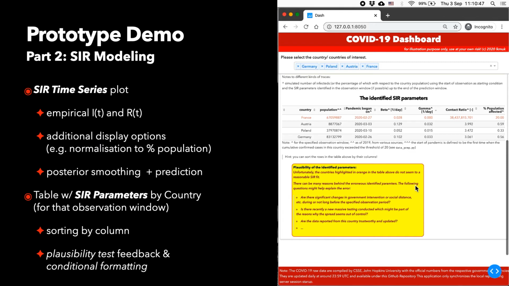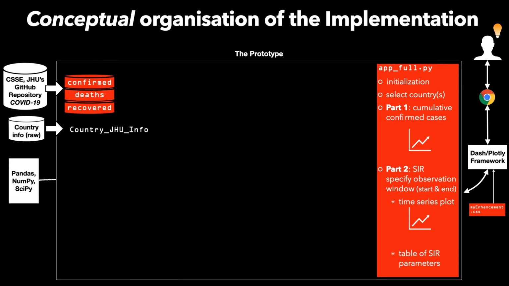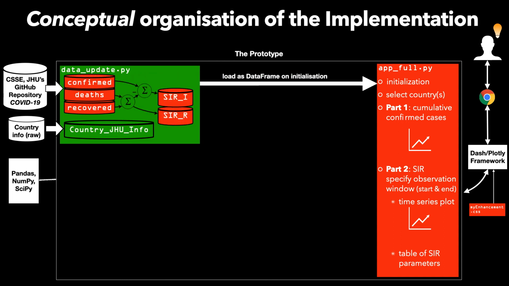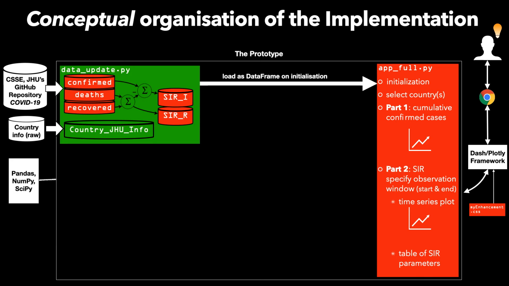So now for the rest of the video, let me explain how I organize the application. During the initialization, the dashboard application invokes the data update functions, which fetch the latest data from the repository, then compute the time series of the measured number of removed and infected people, SIR_R and I. And after that, two callback functions react to the changes in the country selection and send the relevant data to the corresponding GUI widget.